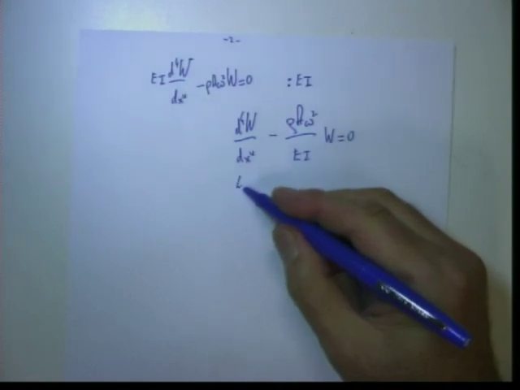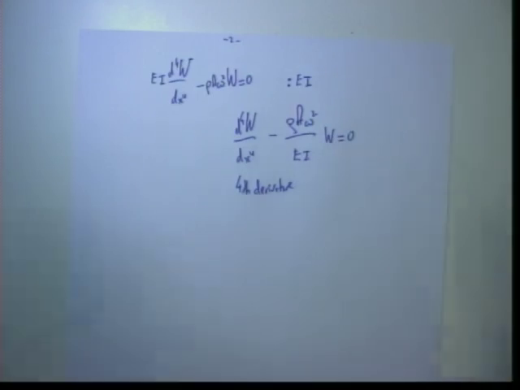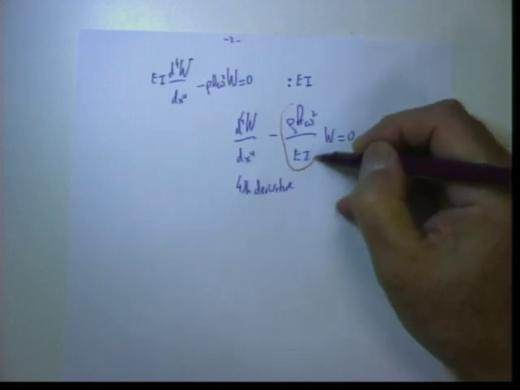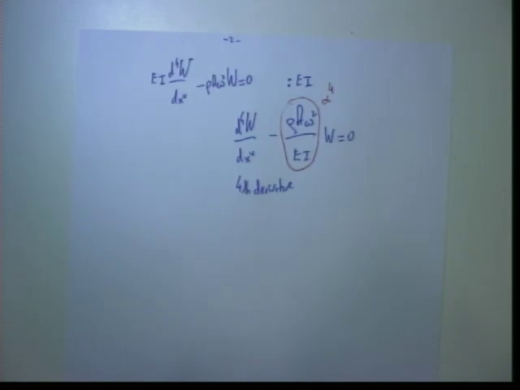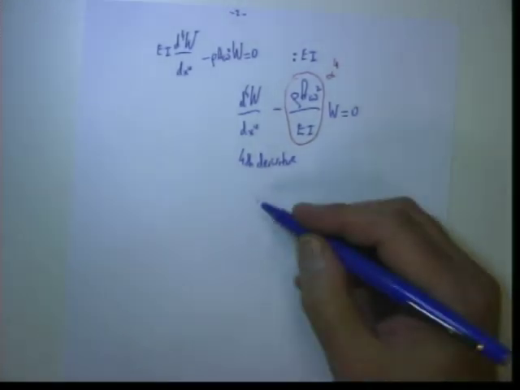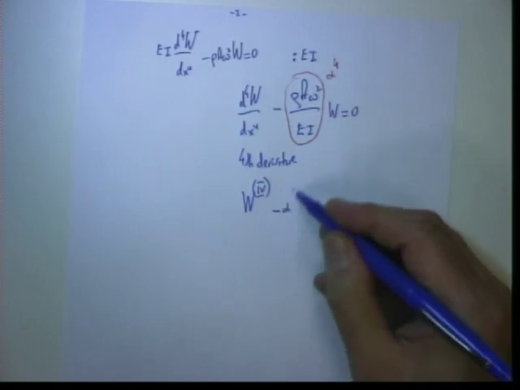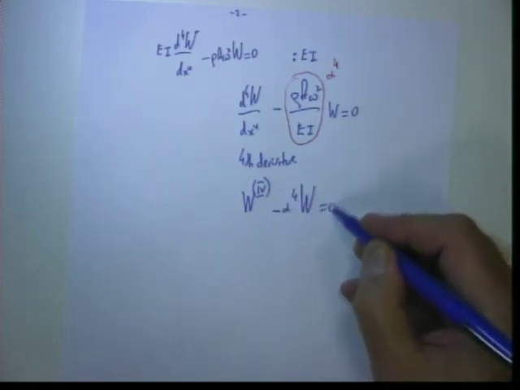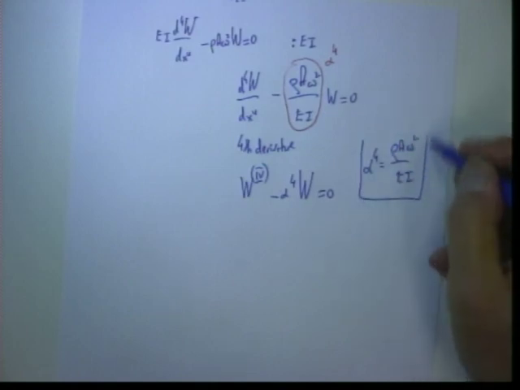Because we have this fourth derivative, it makes sense to call this expression alpha to the fourth power. So W fourth derivative minus alpha to the fourth W equals 0, and alpha to the fourth equals rho A omega square over EI. That was our notation.